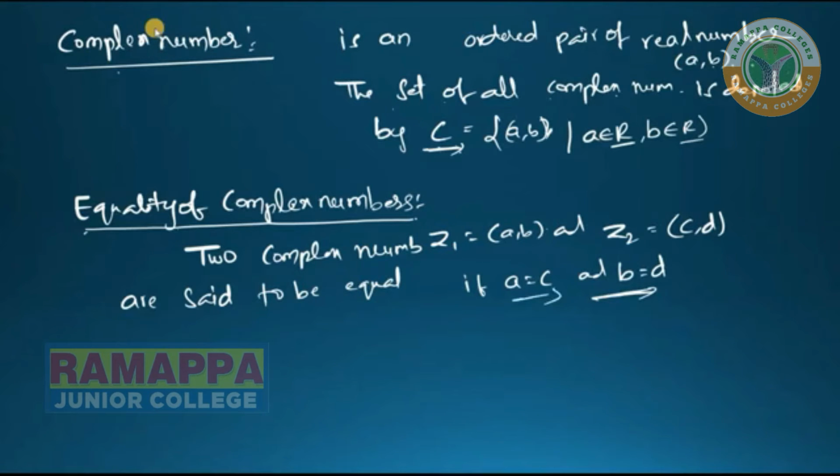In this case the complex numbers are equal. So this is the equality of complex numbers.